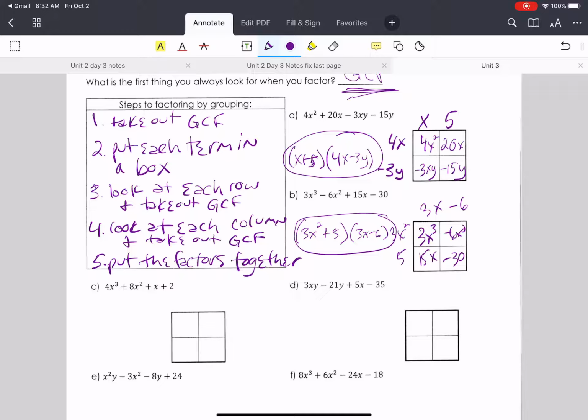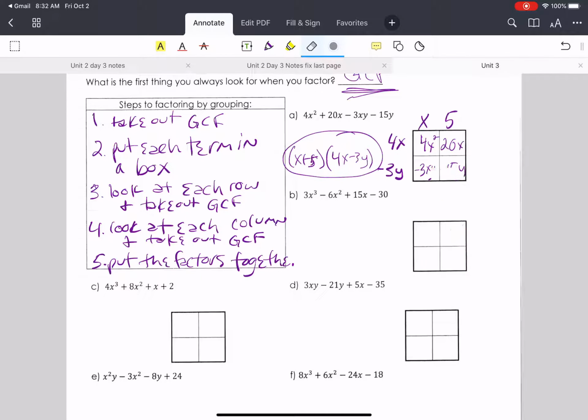Oh no! I messed up on B, guys. When I did it, which means my guess is that you guys probably messed up too. Did you remember? Here, I think we should talk about B real quick. Okay, hold on. It's not going to work if I don't take out a GCF first, if there is one. So before you can put the things in the box, does anybody see if there's a GCF on B?